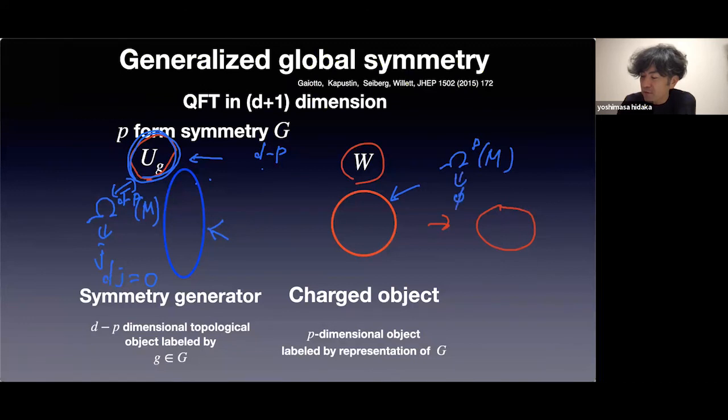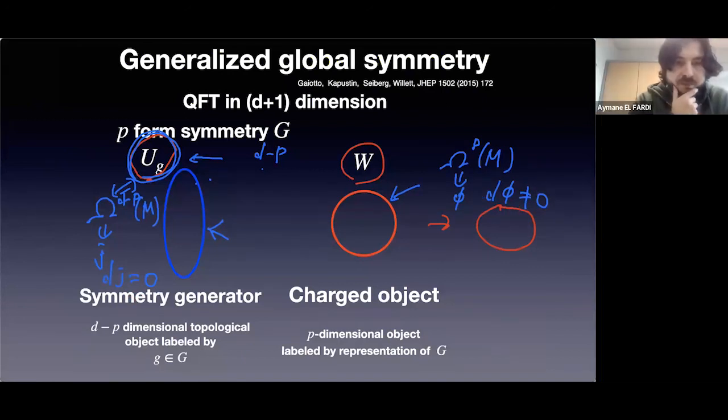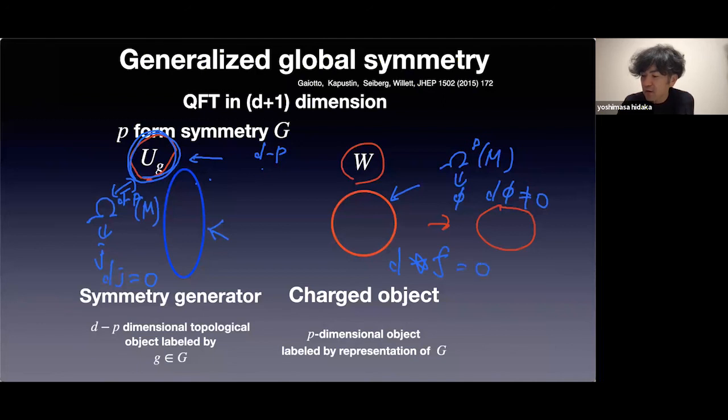So if you say this guy, this is not closed. The topological, what I mean is these objects correspond, the differential form is a closed object. And in this case, this is not closed. This is a difference. So in the case of the electric U1 gauge theory, the equation of motion is something like this.